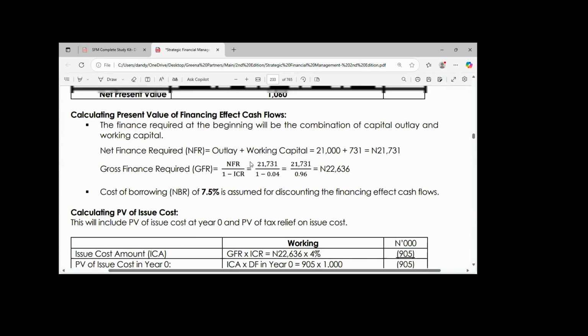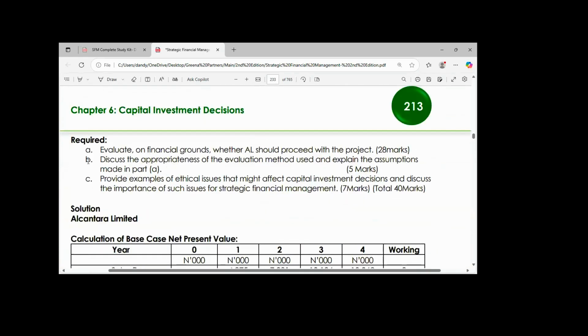I think in the requirement, examiner also asks you to do that. Number B, discuss the appropriateness of the evaluation method used and explain the assumptions made in part A. Okay, so even if examiner did not ask you for this number B requirement, you have to state your assumptions, for you to be able to earn your full mark.